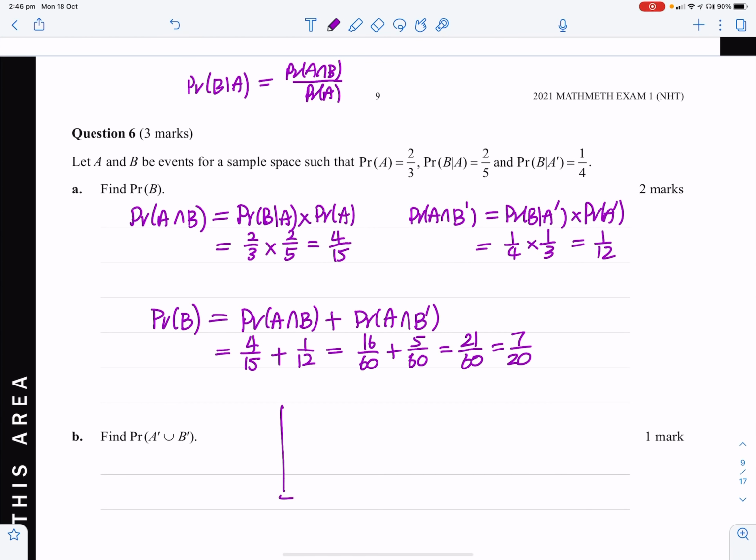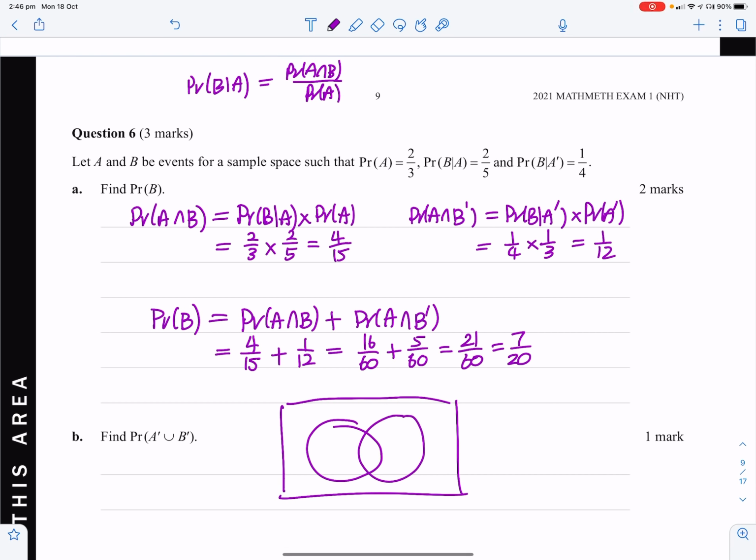So if I say the probability that A intersects B, there's A, there's B, that's A intersects B. The probability that A intersects B not... A not intersects B. Put that around the wrong way.